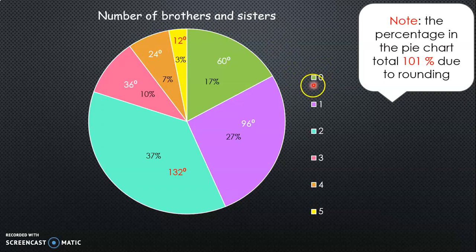This is our frequency, or the number of brothers and sisters showing. Each color represents the number of sisters. This is how you need to do it. It's up to you on the next activity how you will choose your color. What is important is that it should be correct in the degrees and the percentage, so you will get the correct measurement when you put it on the pie chart.